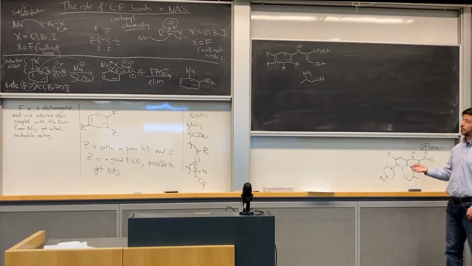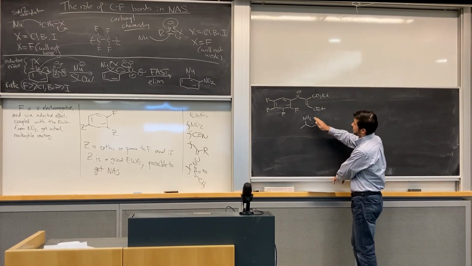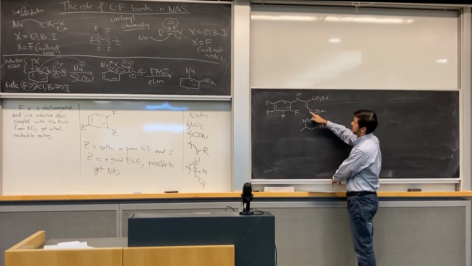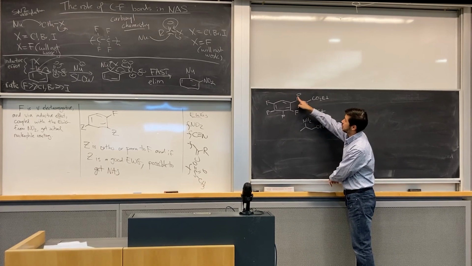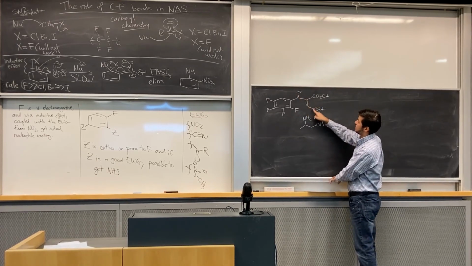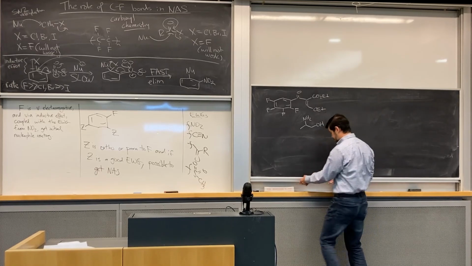So your nitrogen obviously is your better nucleophile. And the first thing you can see here is that we can set this up through a conjugate addition substitution reaction. So you can imagine nitrogen comes here, electrons go up, and then later they'll come down. And then this is actually a good enough leaving group. All right, so let's do that.